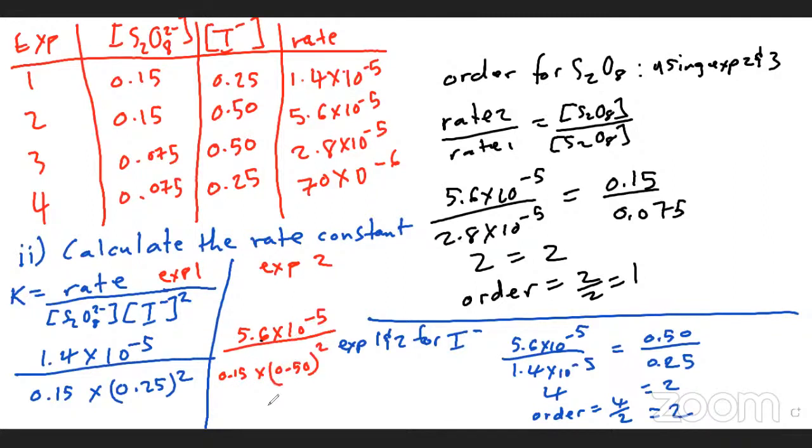So for this one, we get 1.49. Experiment 2 is also 1.49. For each experiment, it doesn't matter which experiment, the value of K should be the same.